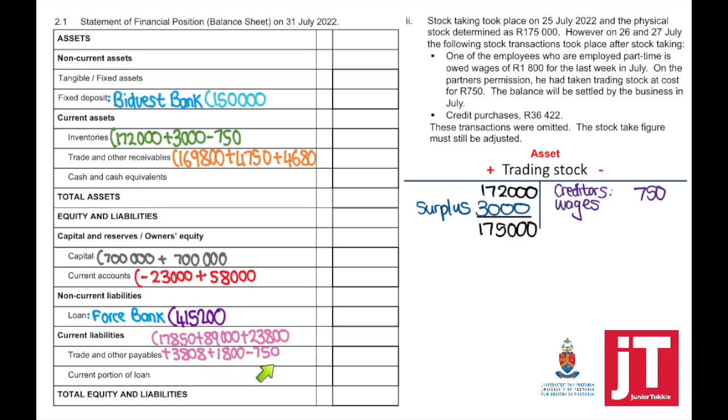So 1,800 minus 750 is how much we actually owe this employee. The next transaction which was omitted was credit purchases of trading stock. It means that trading stock is going to be debited, which means that our assets will increase, and creditors control is going to be credited, which means our liabilities will increase.